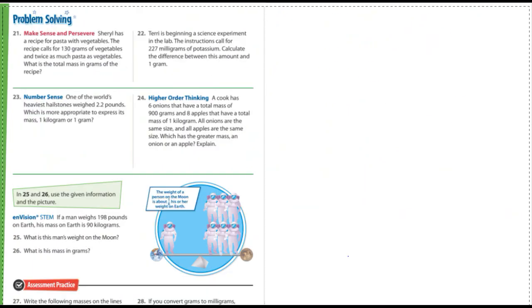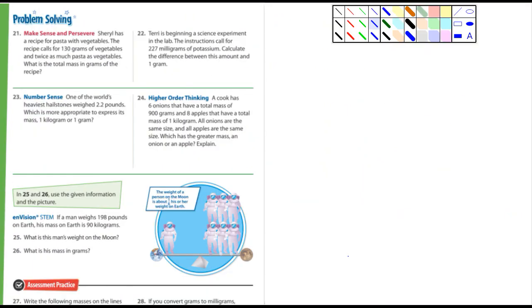Okay, the problem solving. So let's look at, how about 22 here? Terry is beginning a science experiment in the lab. The instructions call for 227 milligrams of potassium. Calculate the difference between this amount and 1 gram. Well, 1 gram is how many milligrams?